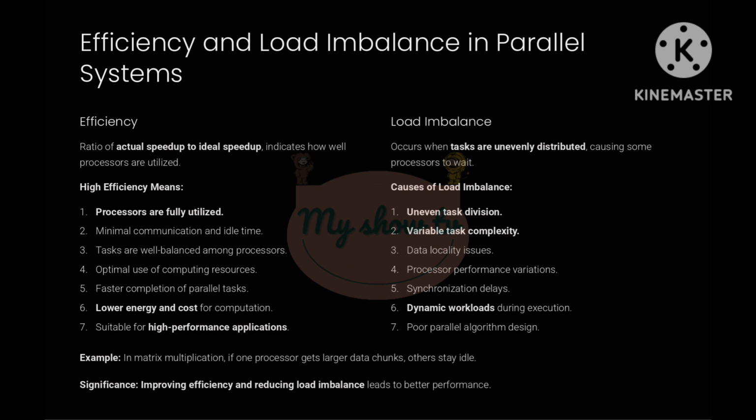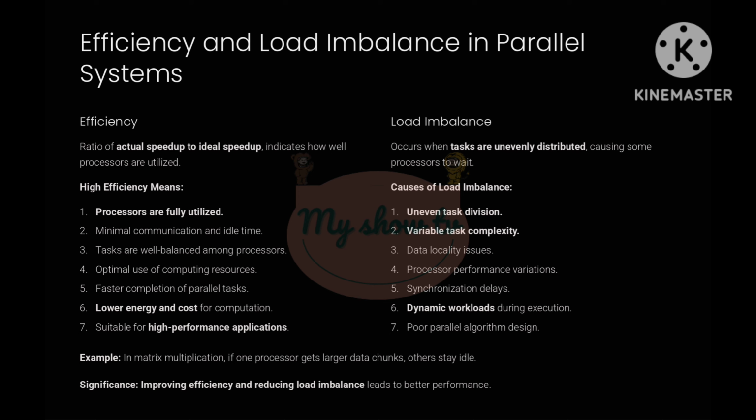Load imbalance, on the other hand, is a major problem that occurs when some processes get more work than others. If some processes finish early while others are still working, those idle processes waste time. Load imbalance happens due to uneven task division, variable task complexity, and sometimes hardware differences.